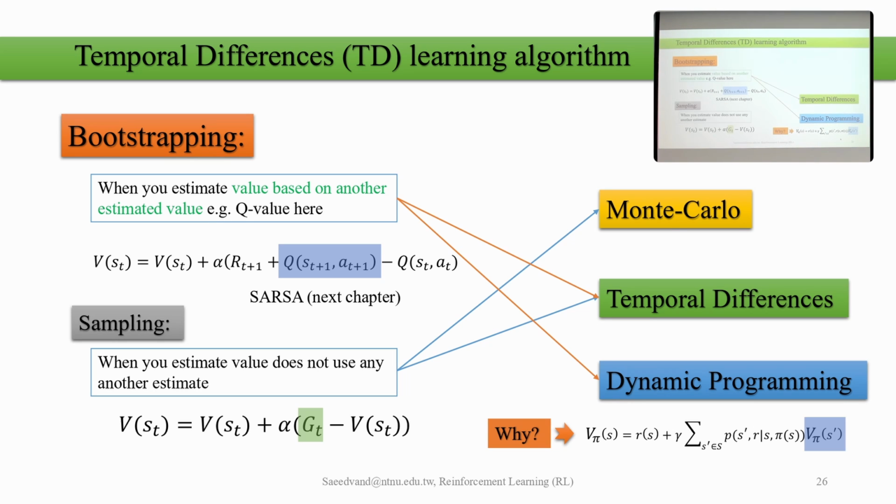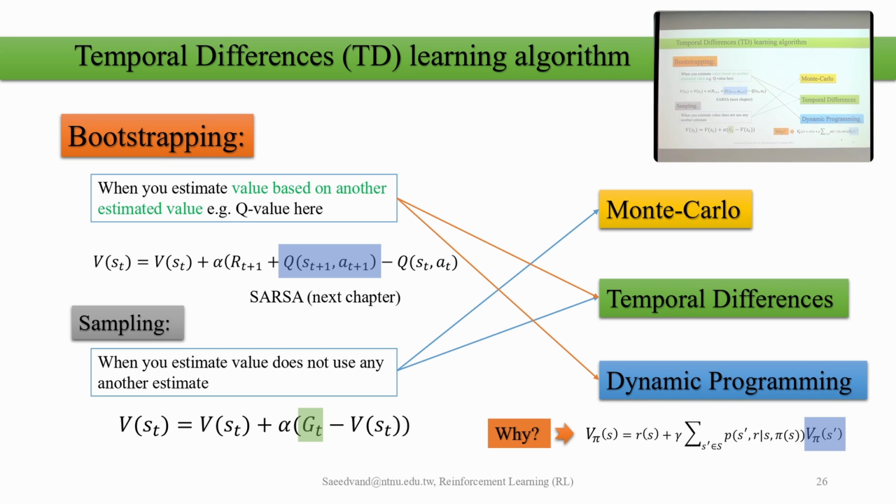On the other hand, we have sampling. Sampling techniques means that when you estimate, the estimation does not use any other estimates, and it uses the sampling of the whole episode. That's called a sampling technique with GT, that is Monte Carlo, or some of the temporal difference techniques.